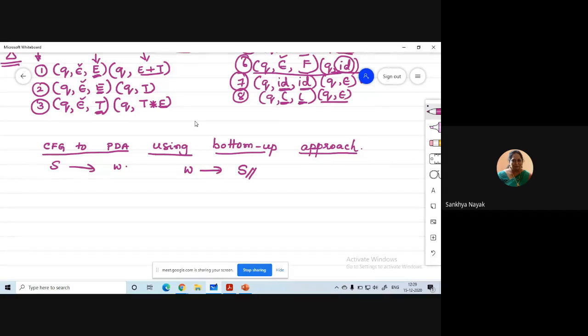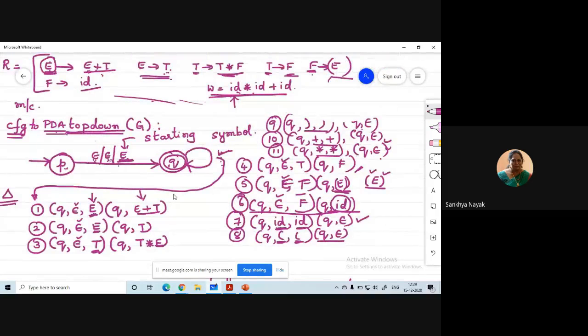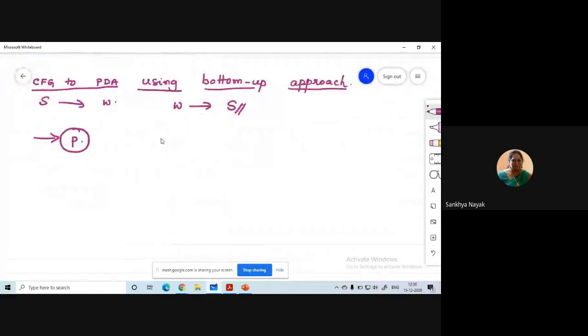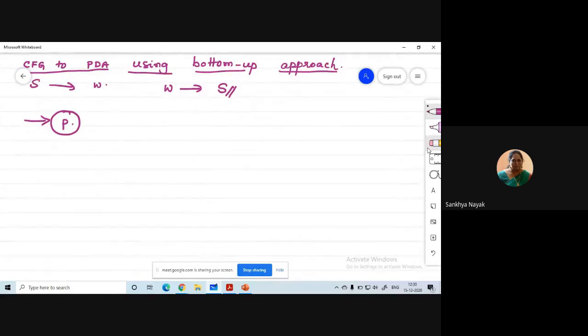Again here, as a first step, okay, we'll be in P. Just observe this diagram here once. You were in P, no other transition in P, only transition was pushing stack and going to Q, and rest all the transitions were in state Q. Here it is reverse, okay, here it is reverse.